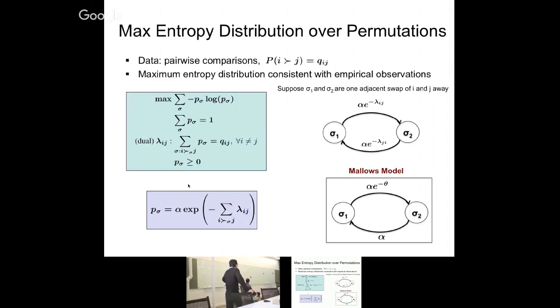The way I was thinking about it, the vertices of the matrix look like this, right? A bunch of ones here and a bunch of zeros off the diagonal. This is one vertex of that polytope.